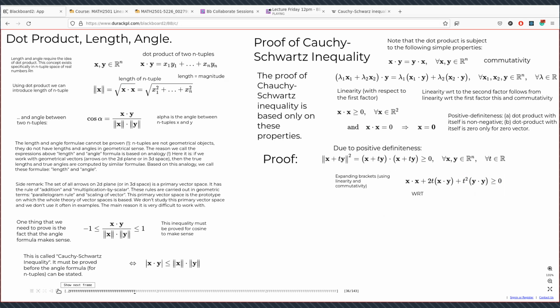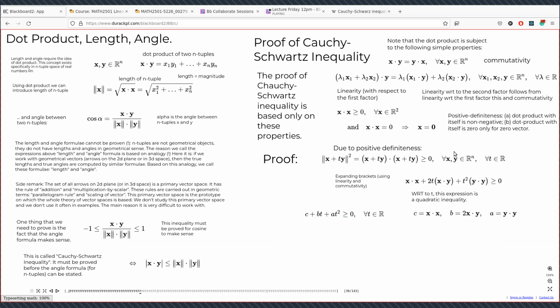Okay. Now I'm going to analyze this expression with respect to t. With respect to t, this is a quadratic expression, right? A very simple, very numerical quadratic expression like this, with coefficients a, b, c.